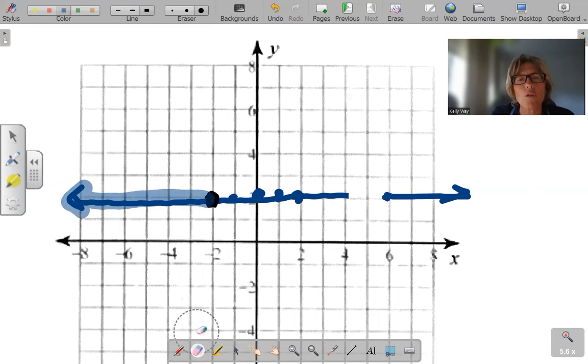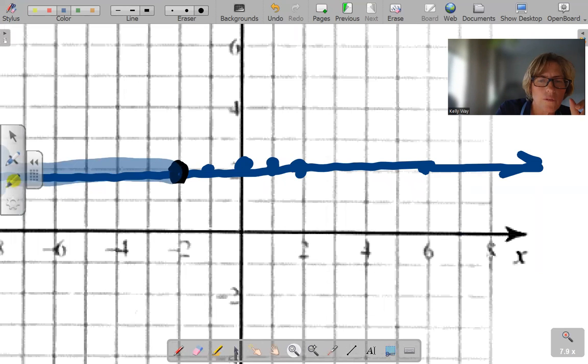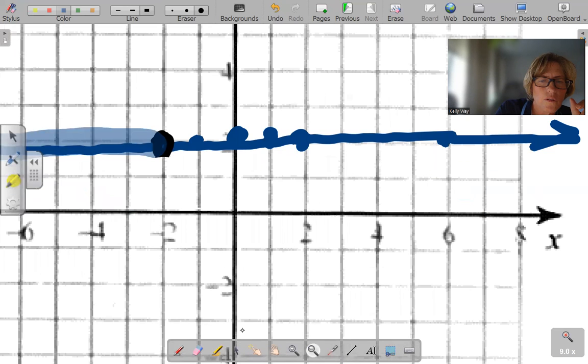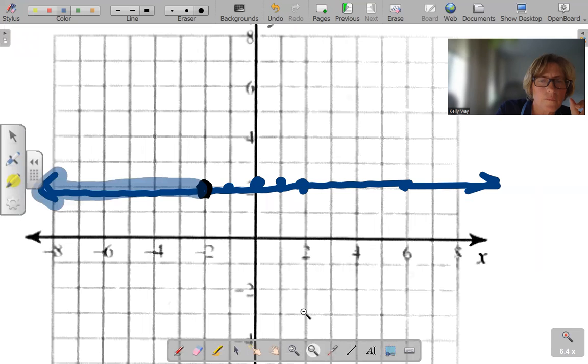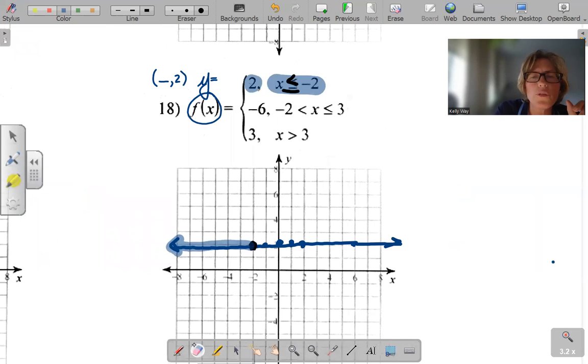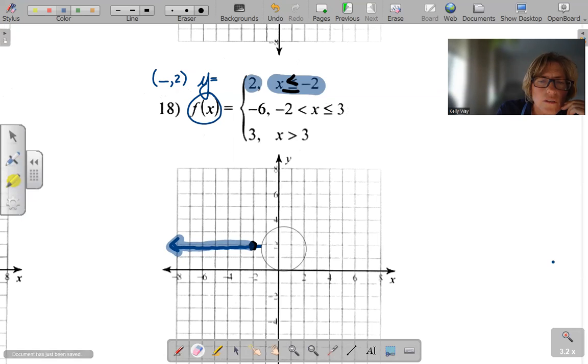Although this entire blue line is the line y equals 2, with this rule, all of this is no longer part of the graph.